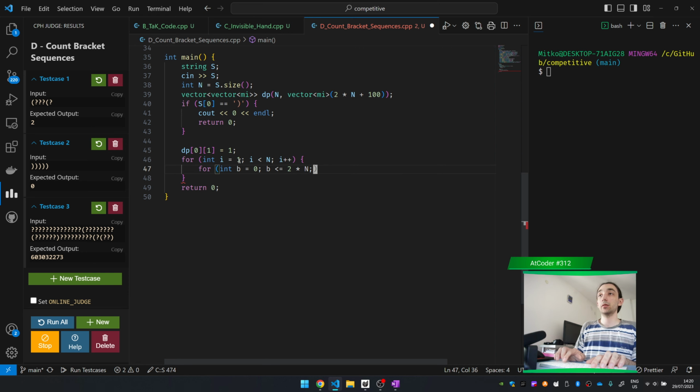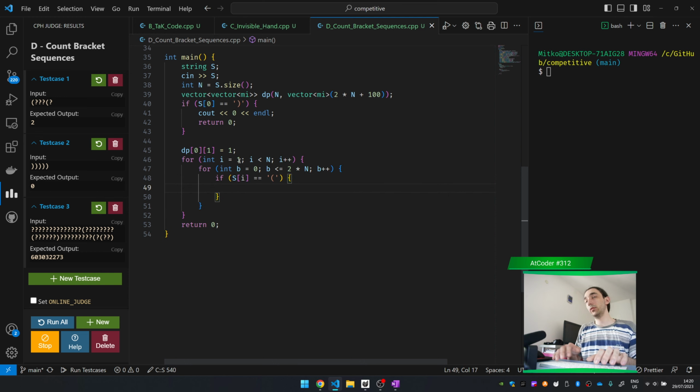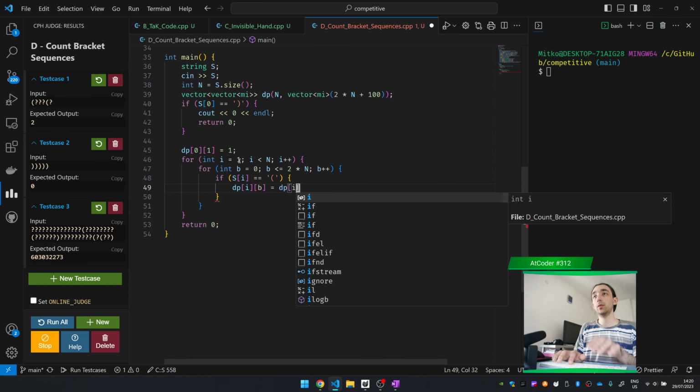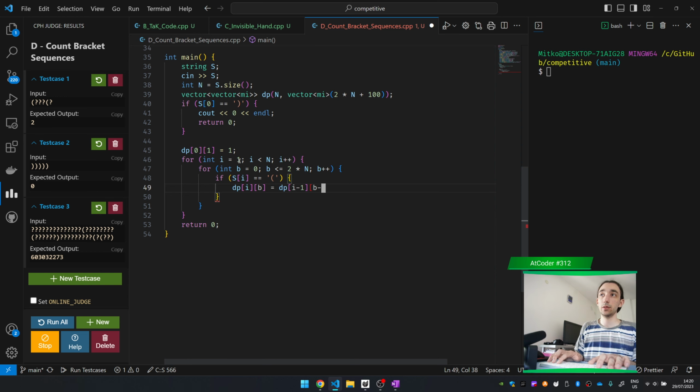I don't think you can achieve more than that, but even if you achieve that, you don't quite care. And then if s of i is an opening bracket, then dp of i balance is dp of i minus 1 balance minus 1.